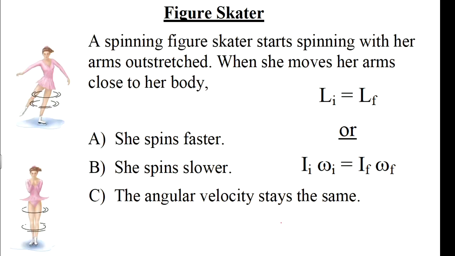It was moving slowly, but when the radius of the motion was smaller and smaller, it was moving faster and faster and faster. Why? Well, because when we make it move closer, we decrease I, and to compensate the decrease in I, we have to increase omega.